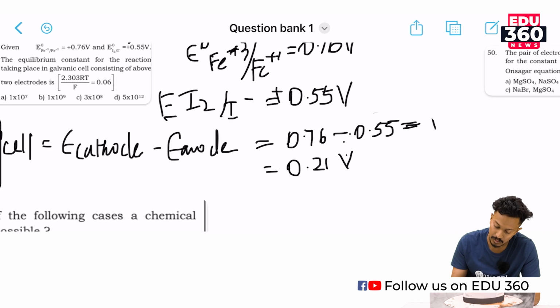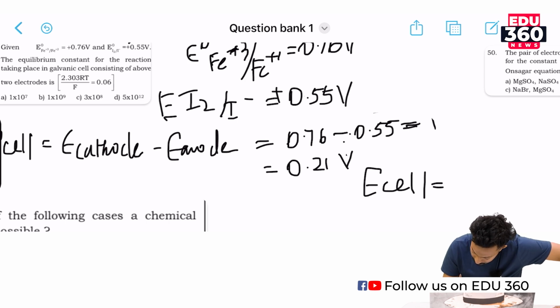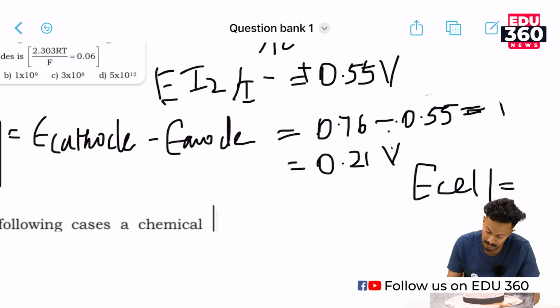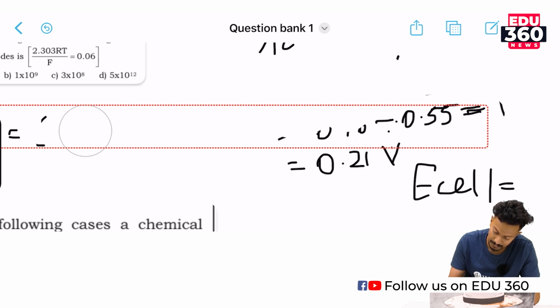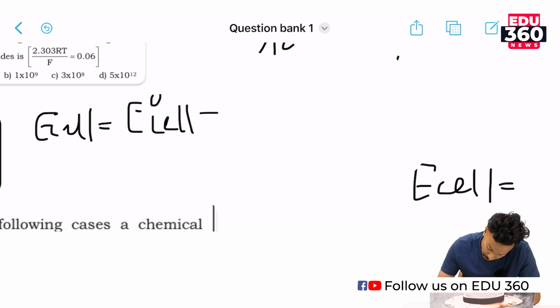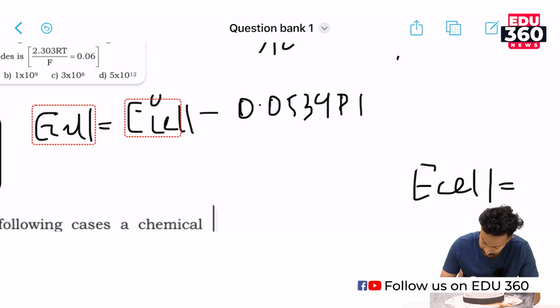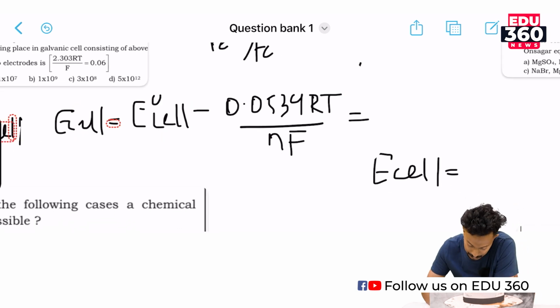Am I right? Is this equation correct? So what is the electrochemical reaction for this? E cell is equal to E0 cell minus 0.059 RT by nF, this is what the equation looks like.